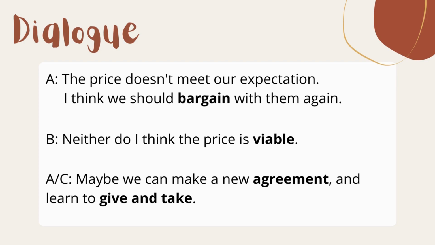And person B says, "Neither do I think the price is viable." And person A says, "Maybe we can make a new agreement and learn to give and take." And give and take is a phrase. It means 协议 or 互相妥协. So now it's your turn to practice the dialogue in pairs.